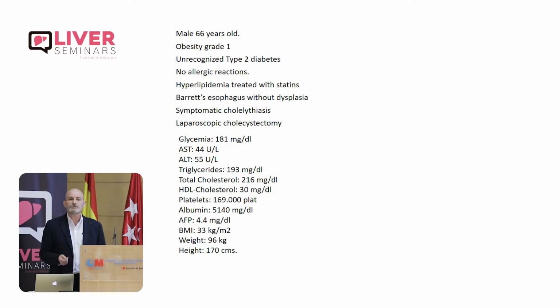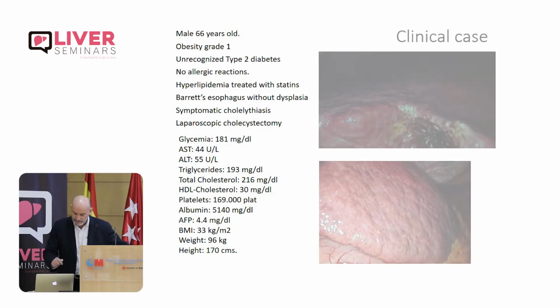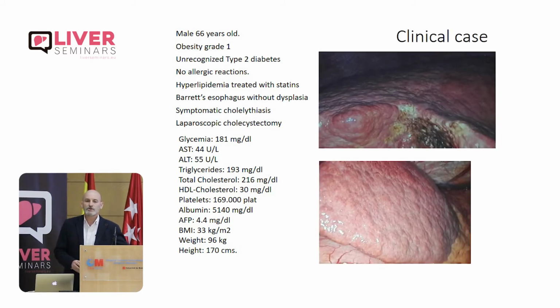I decided on surgery, and a laparoscopic cholecystectomy was done. The surgeon called me during the surgery and sent me these two photos. I was absolutely surprised because the surface of the liver is nodular. You can see a typical characteristic of cirrhosis in a patient without any previous suspicion of cirrhosis.